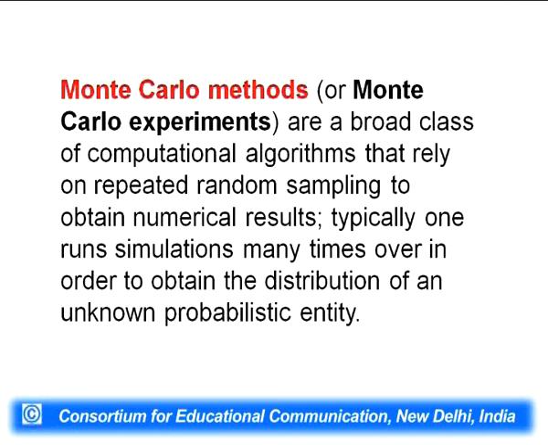There are two or three things we have seen here in the Monte Carlo method or Monte Carlo experiments. One is randomness and then the probability. In the subsequent slides, we will try to learn the meaning of random and the meaning of probability attached to it.